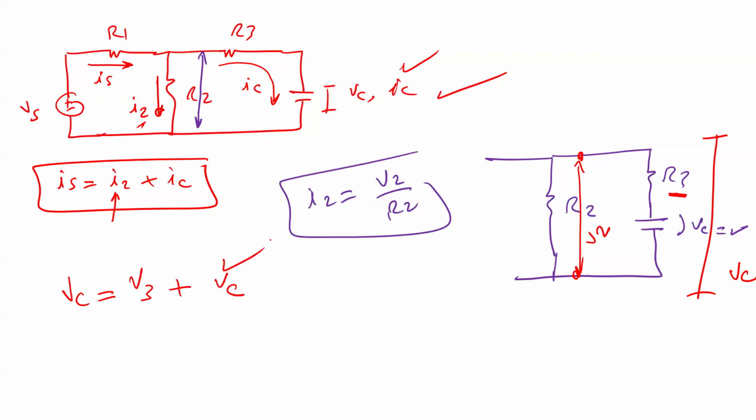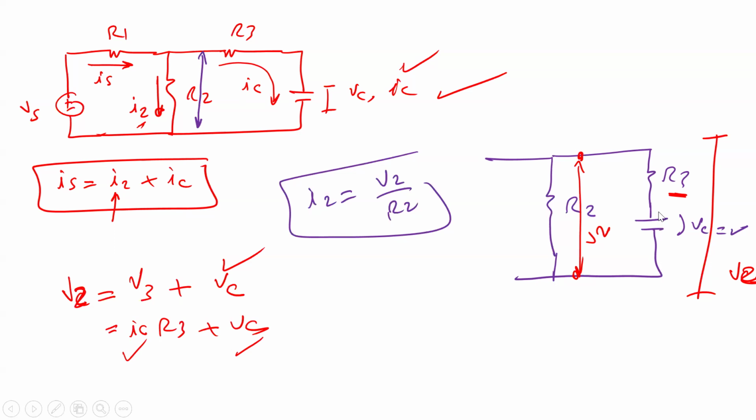I already know VC. Is that okay? What about V3? V3 is actually IC times R3. So I already know IC, I already know VC. Very easy, guys. The voltage drop across these two, the resistance and the capacitor, is the same voltage drop here.